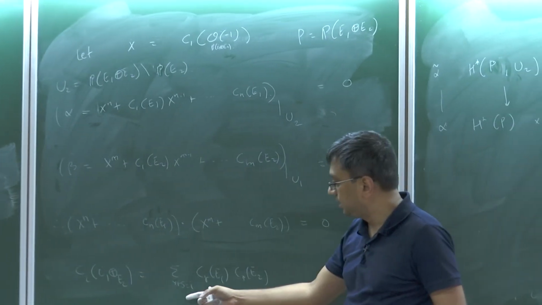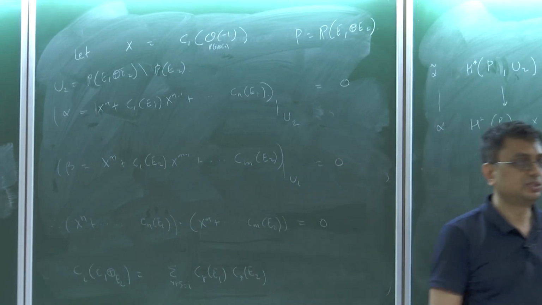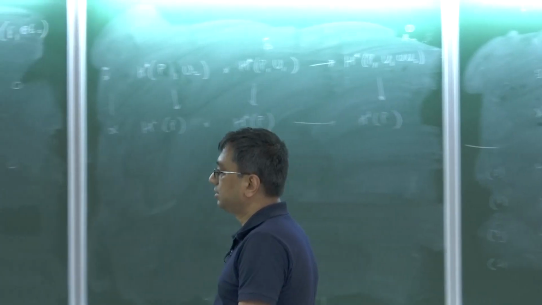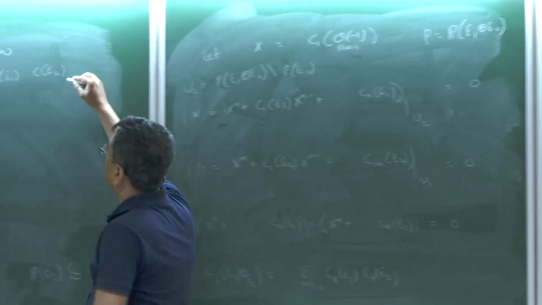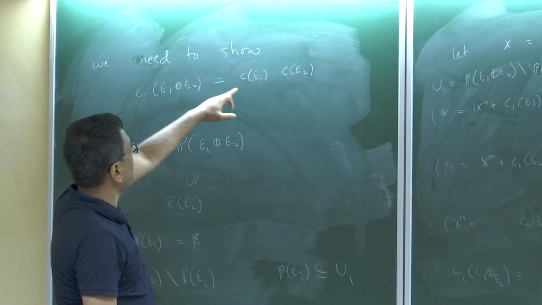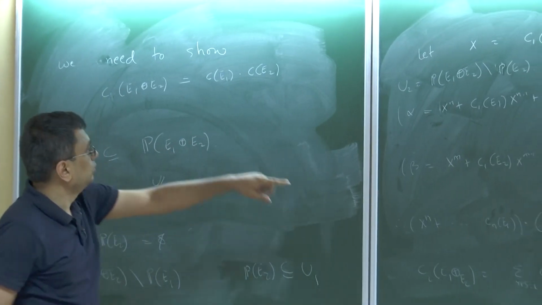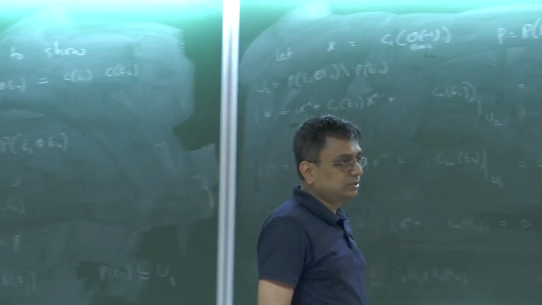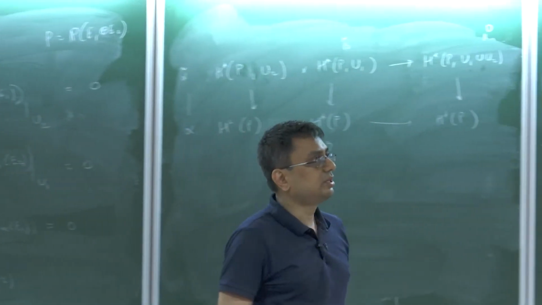If I expand this, I get these as the coefficients, but they have to be the Chern classes of E1 direct sum E2. So this is the same as the second property that we wanted. If I multiply these, you end up with exactly this type of equation. So this shows existence. So we are done with existence and uniqueness.